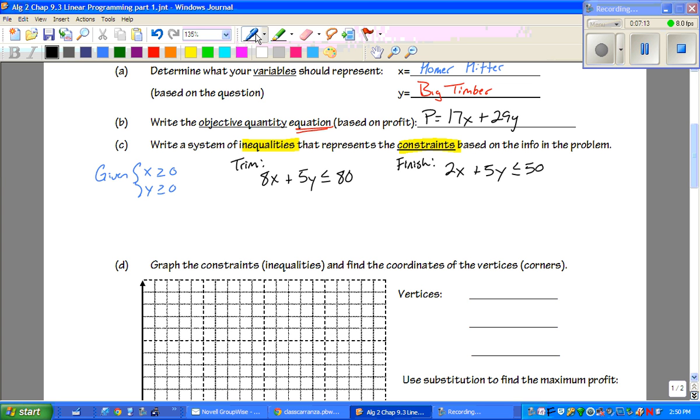Now, for us to graph this, we have to go through and solve for y for each of those, because they have to be in y equals mx plus b if we're going to graph that, okay? So, subtract the x from both sides. You get 5y is less than or equal to negative 8x plus 80.